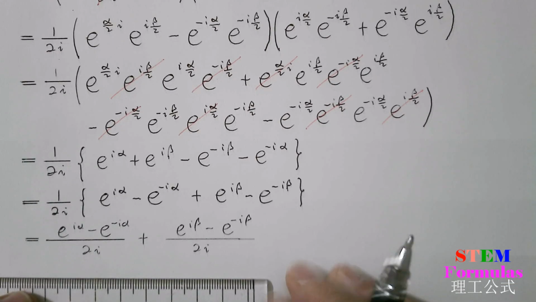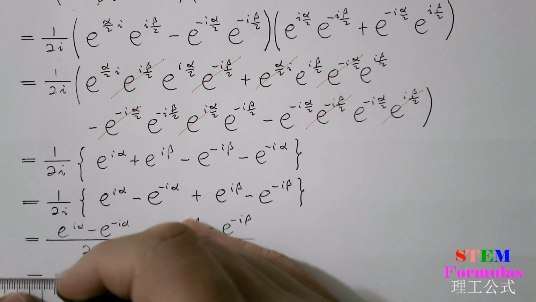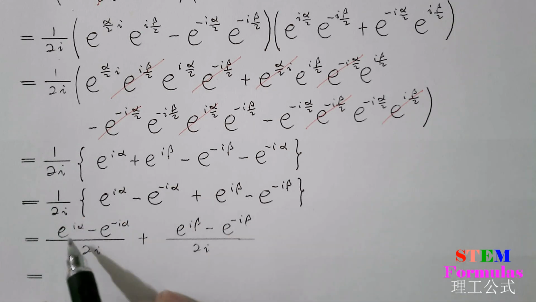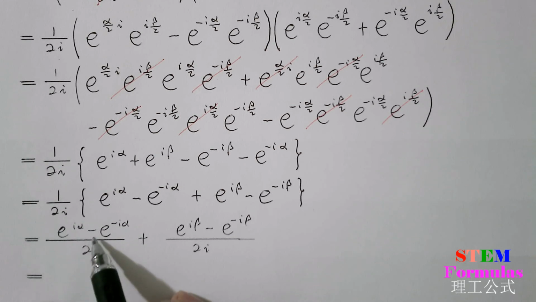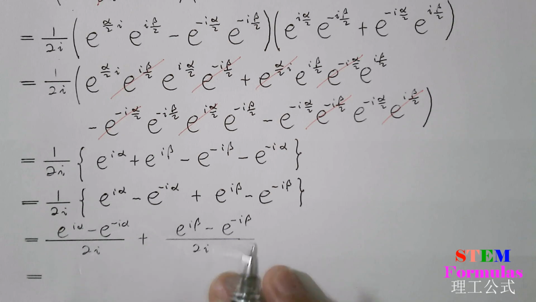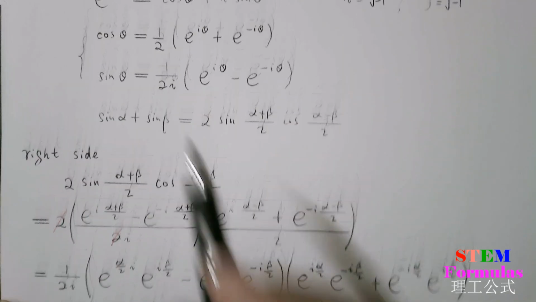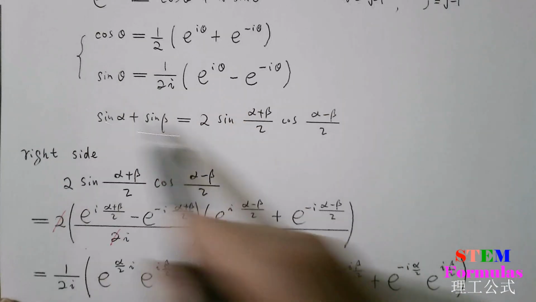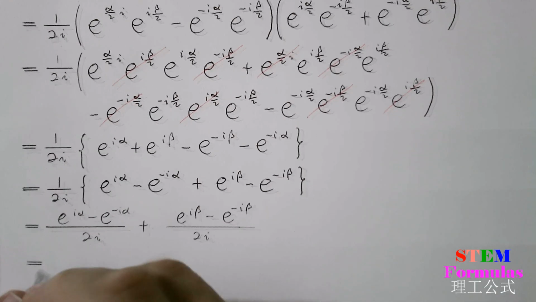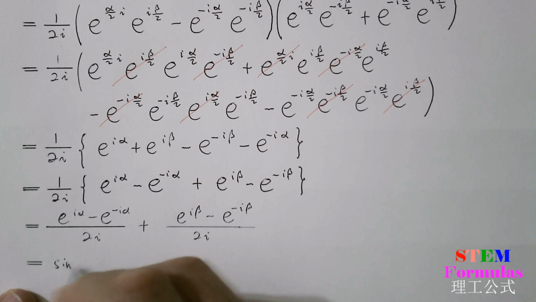Now the first term, e to the I alpha minus e to the minus I alpha divided by 2I, according to this formula equals sine alpha.